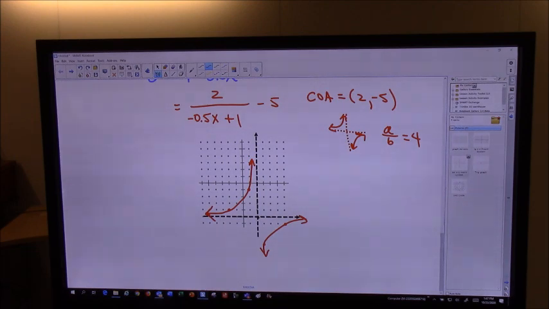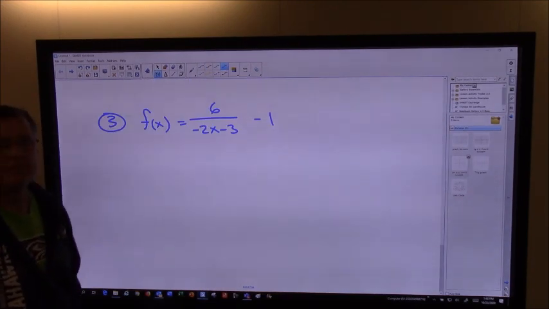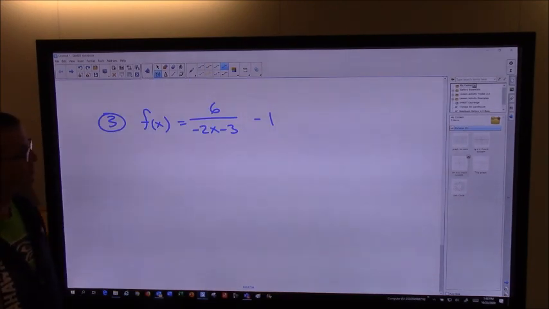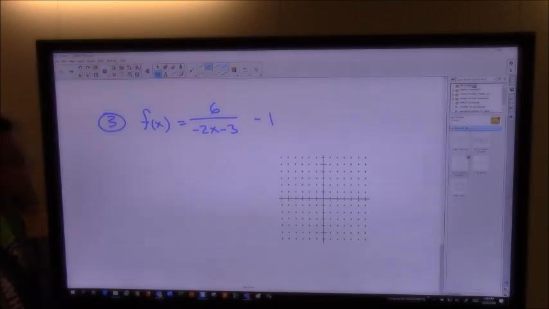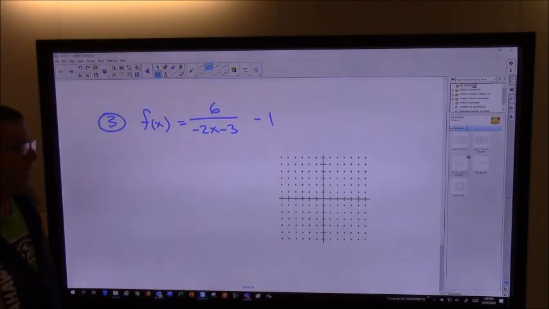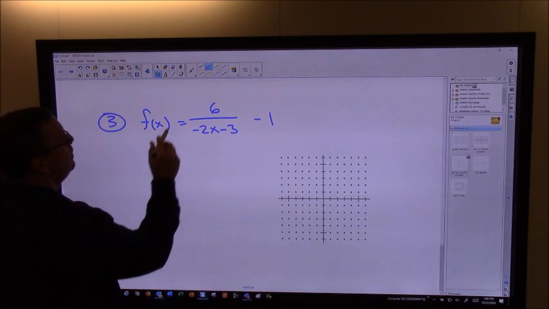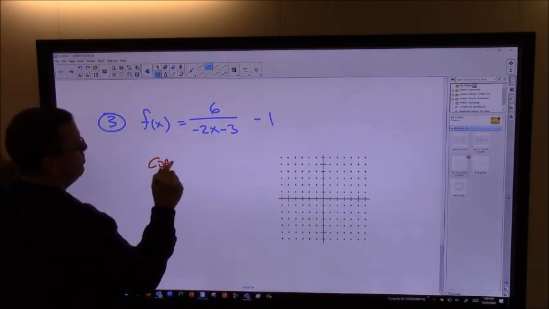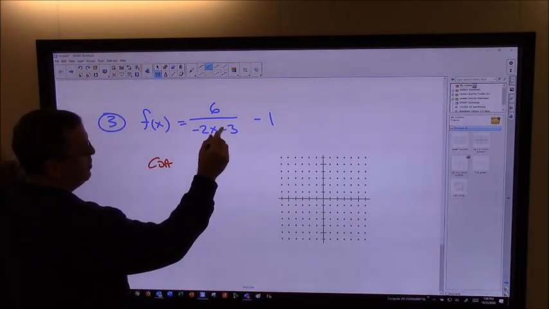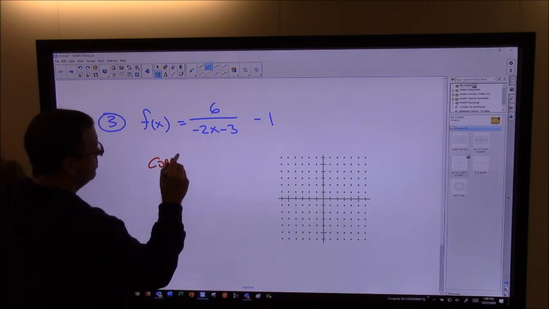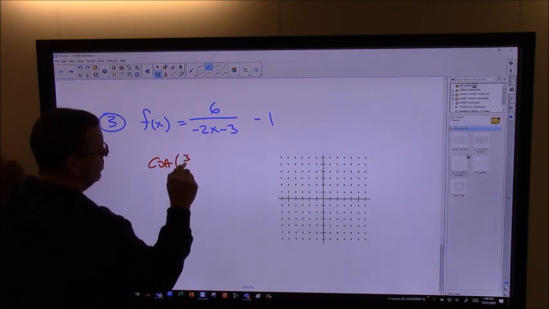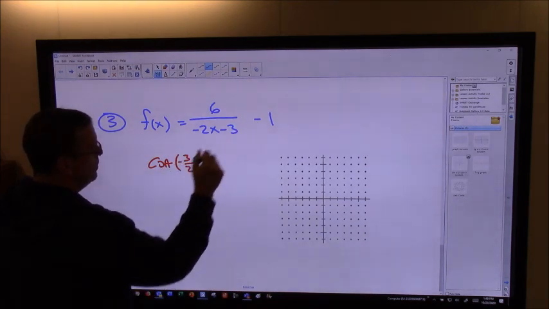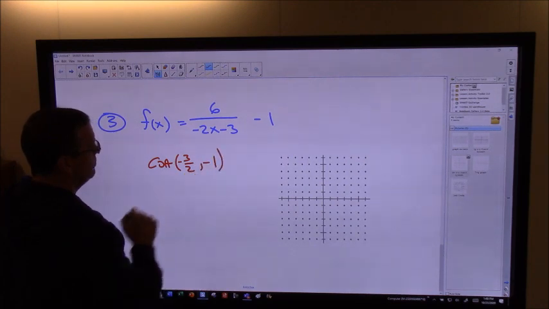All right, let's try one more. All right, so let's see if we can graph this one. All right, so we'll gather our information here. My COA point is at 3 divided by a -2. So -3/2, comma -1.